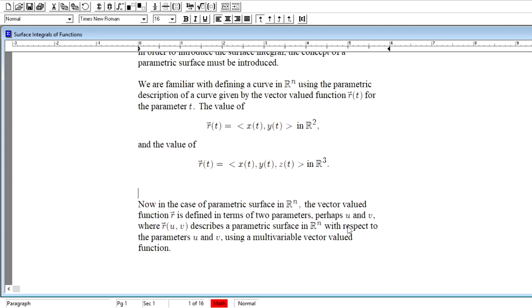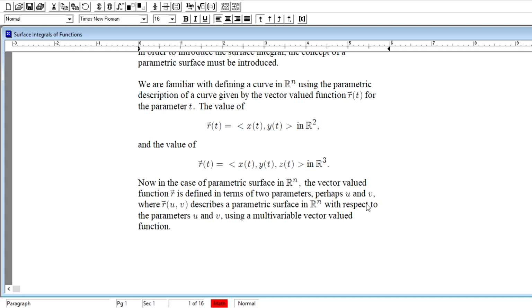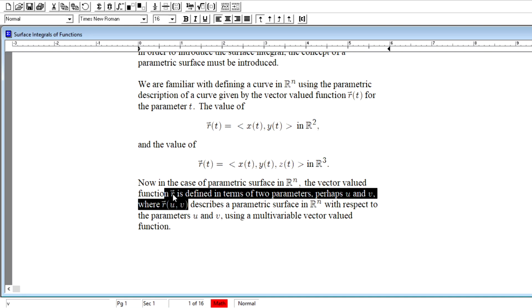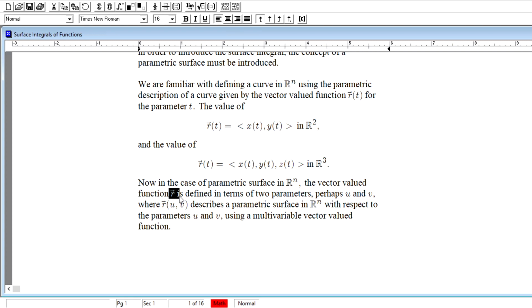in the case of a parametric surface in n-dimensional space, the vector valued function r bar is still going to be used, but now we have two parameters, where instead of using t, we might consider using the parameters u and v, where our surface can be defined parametrically by the vector valued function, which we will note here is now actually a multivariable vector valued function, r bar of u comma v.